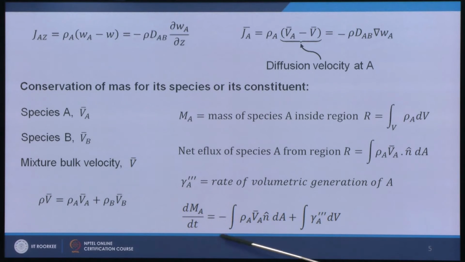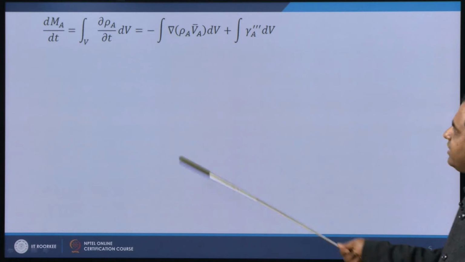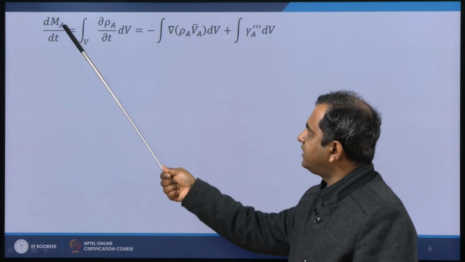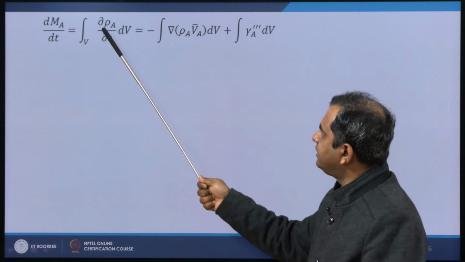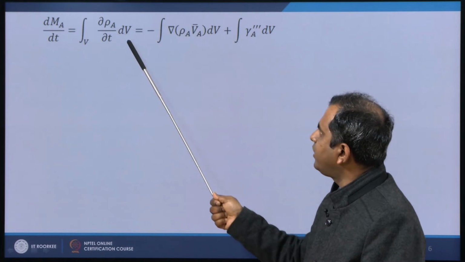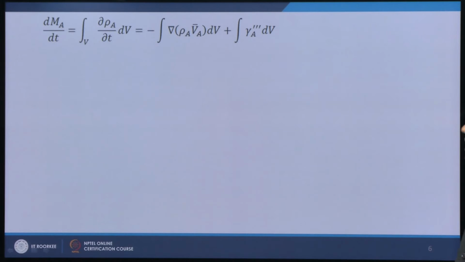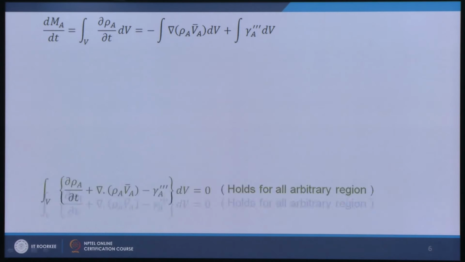So, this conservation of the species we can write easily by taking an arbitrary region R. Next, we put in the value of MA as derived in the last slide. Taking the differentiation inside, d/dt of MA becomes the integral over the whole volume of del/del t of rho A dV. In the right hand side we have the efflux and generation terms respectively.